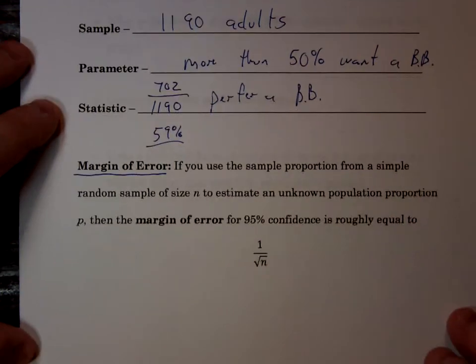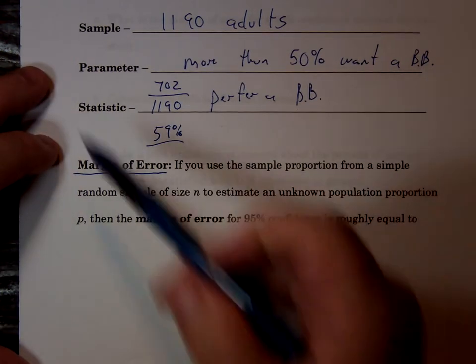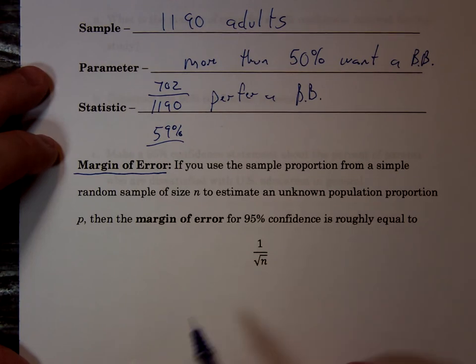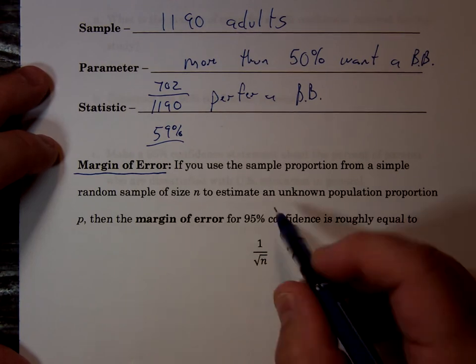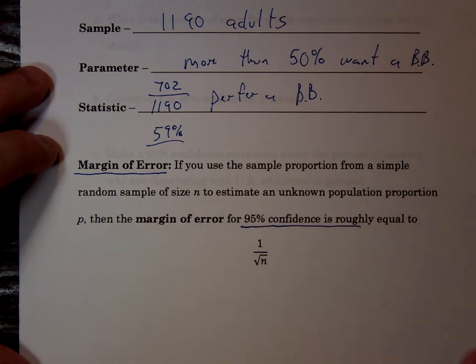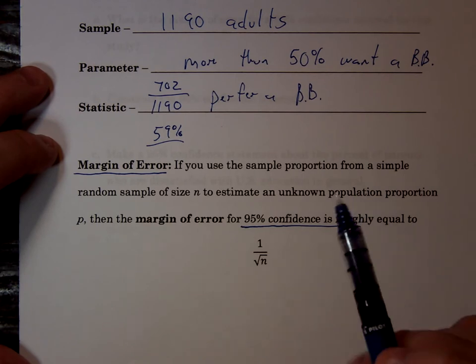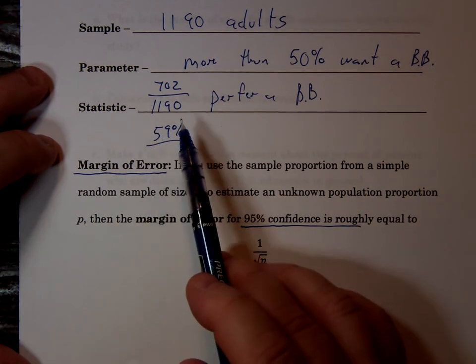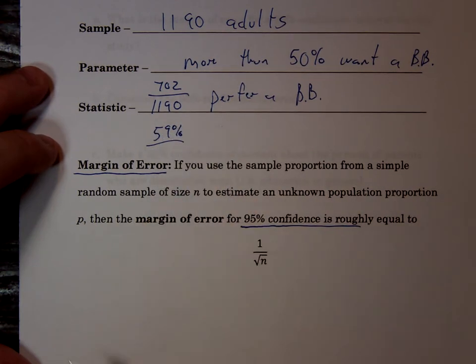Now, for a simple poll like this, we are going to do the margin of error to what's called a 95% confidence, which means that we believe that 95% of the time that this poll is done with 1,190 people, that we're going to be in a certain confidence range, right?